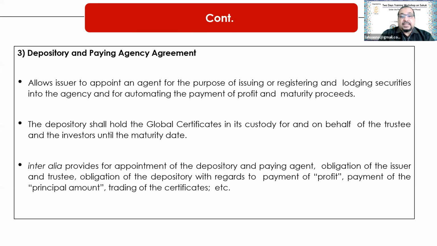And also provide the appointments of the depository and paying agents, obligations of the issuer and the trustee, obligation of the depository, payments, profit payment, principal amount, and trading certificates, etc. These are the so-called terms and conditions that govern the depository, the paying agents, the paying money, the deposits, profit payments, and so on and so forth, which will be captured under this third agreement.